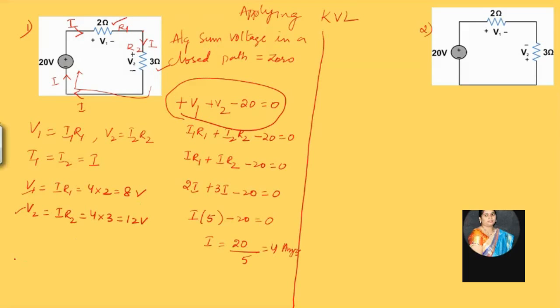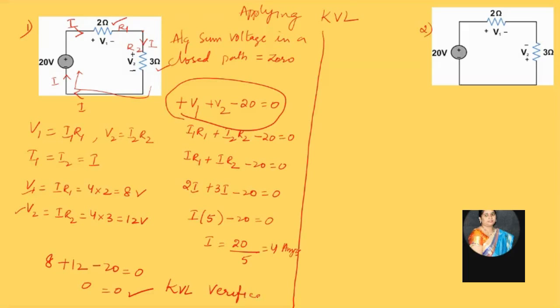To see whether it is equal to 0 or not. So what is V1? V1 is 8 plus 12 minus 20 equal to 0. That means 0. So that is how KVL is verified.